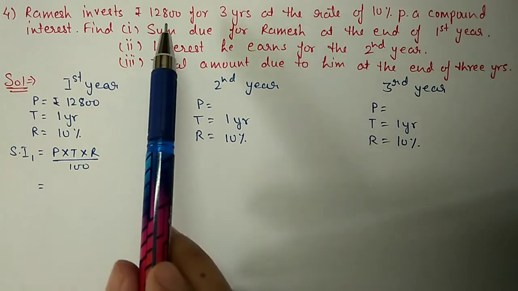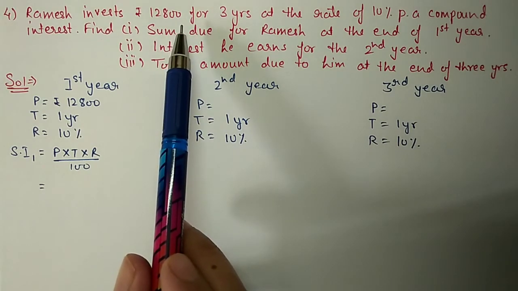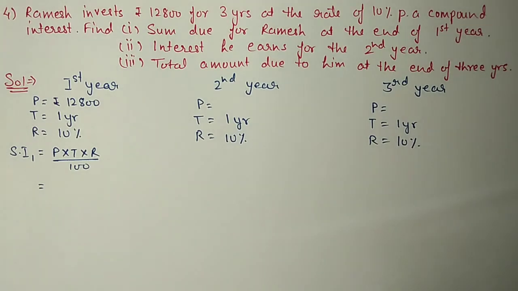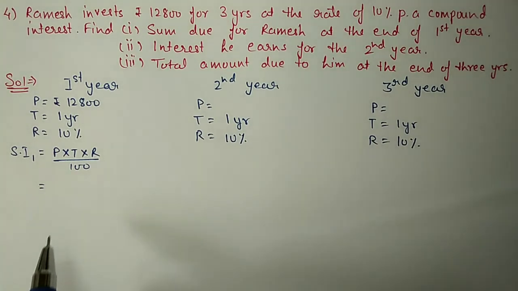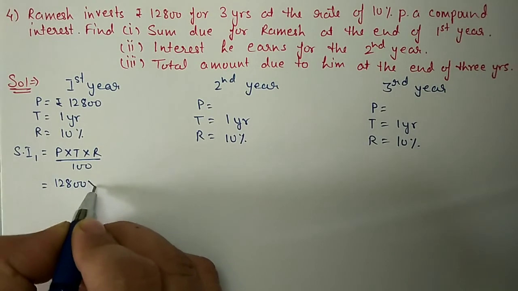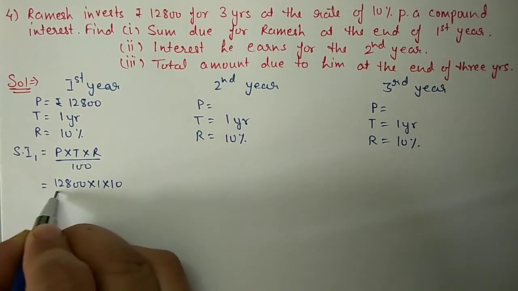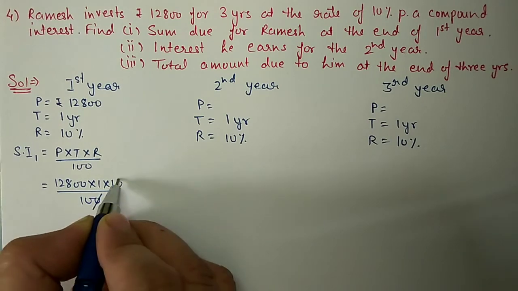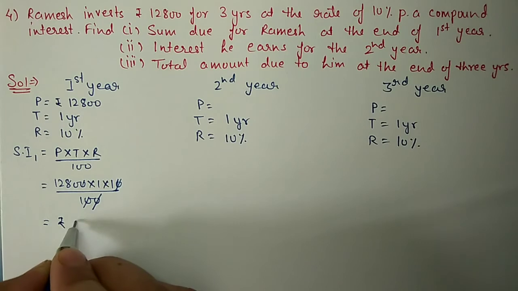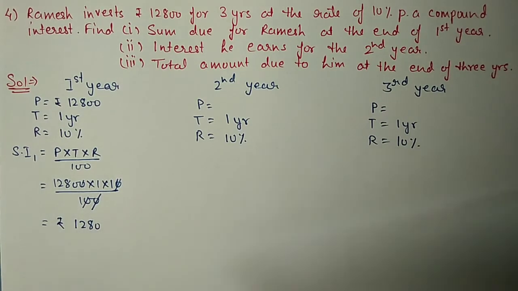For first year, principal money will be 12,800 rupees. Rate of interest is same for all the 3 years. So for first year, we will calculate simple interest first. 12,800 into 1 into 10 divided by 100. Zeros we can cancel out, and simple interest for first year we will get 1,280 rupees.